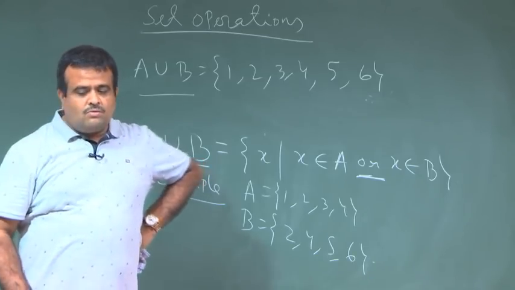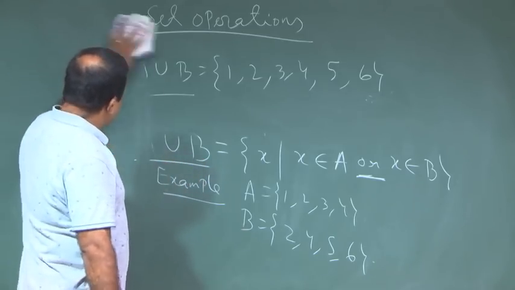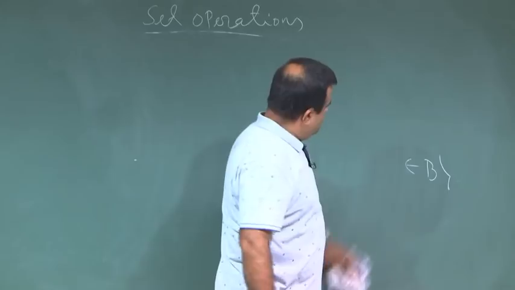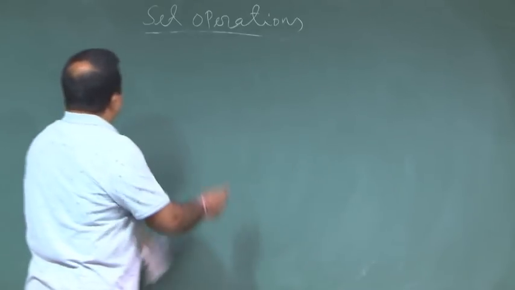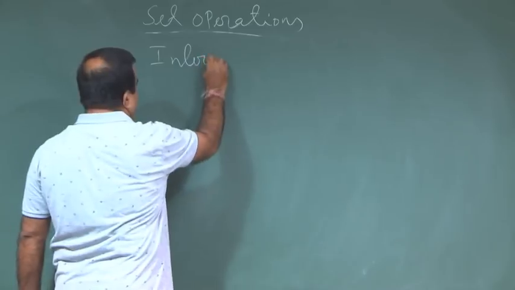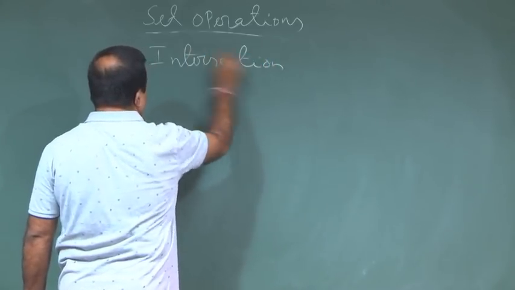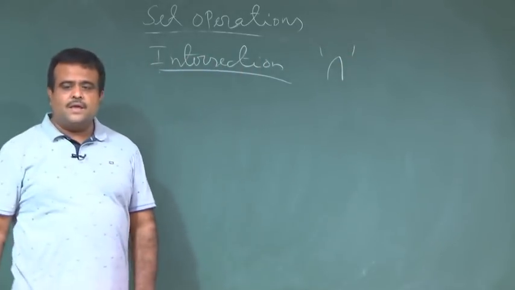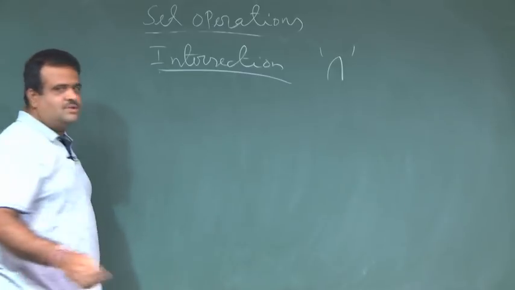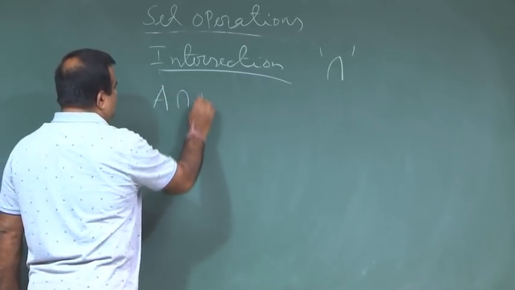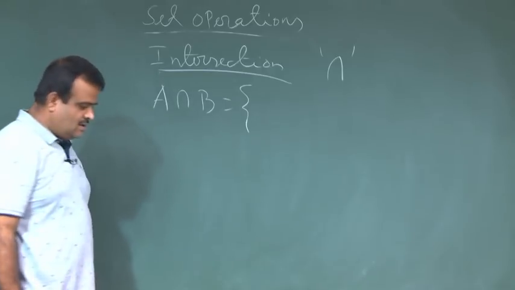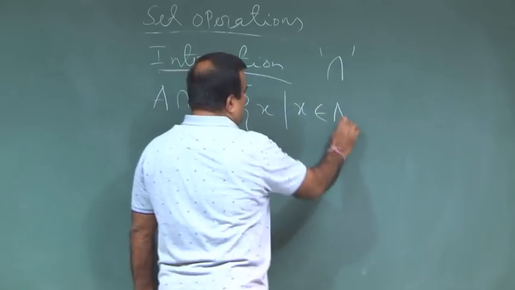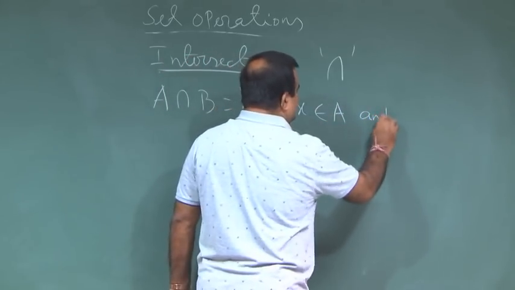Okay. Now we define the intersection operation, which is denoted by this symbol. Again we have two non-empty sets A, B. So, A intersection B is another set with the property that these elements must be in both sets.